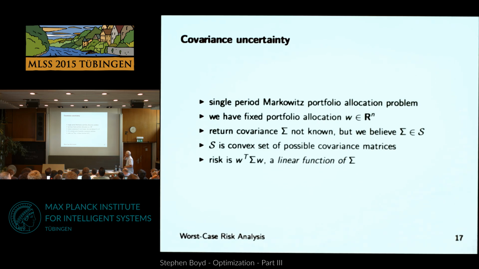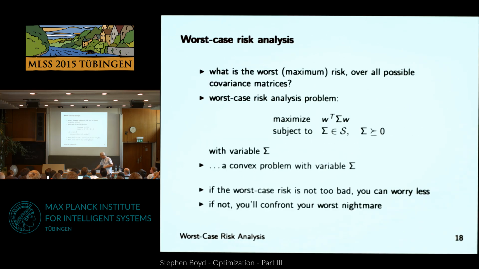Okay. And then the risk is this thing. Now, that's a quadratic function in W. But if you look at this as a function of sigma, it's linear. If you fix W, that's a linear function in sigma, of course, right? So now we're going to maximize this over the covariance matrices we believe can happen, right?